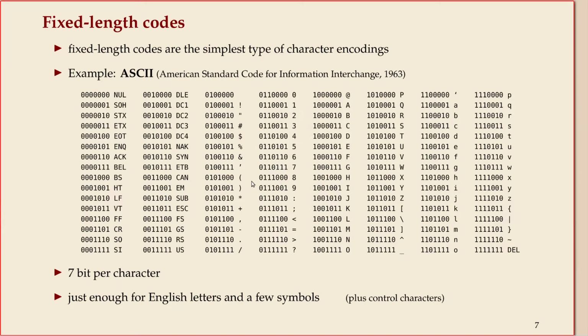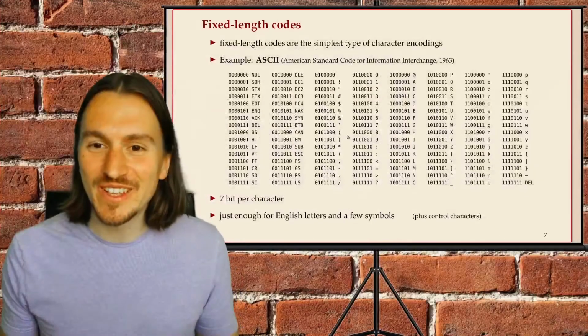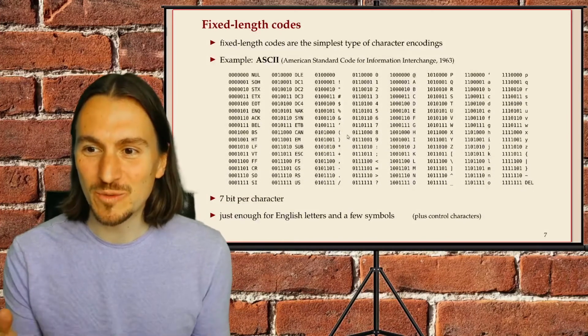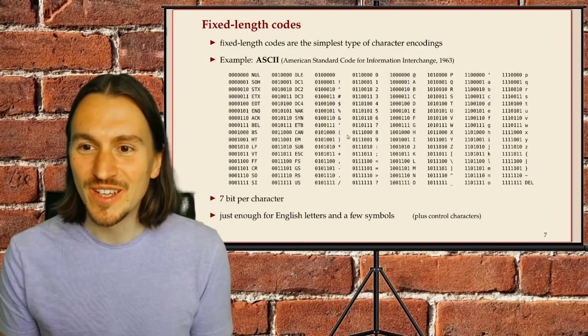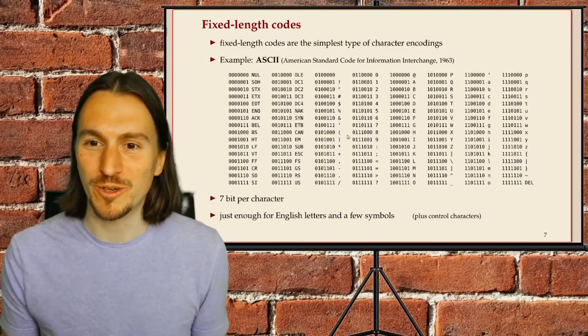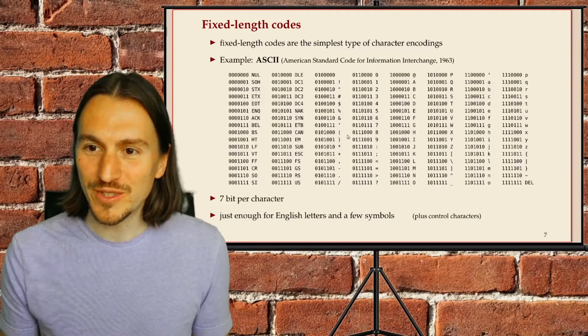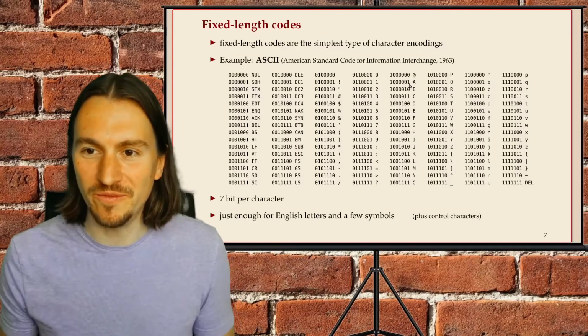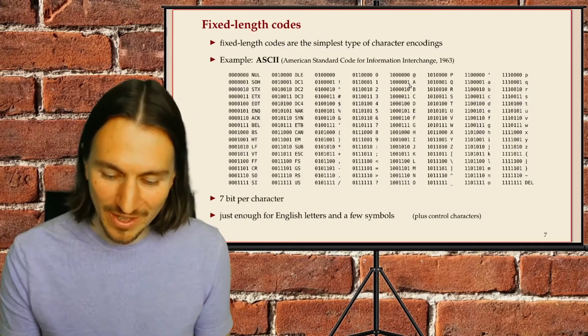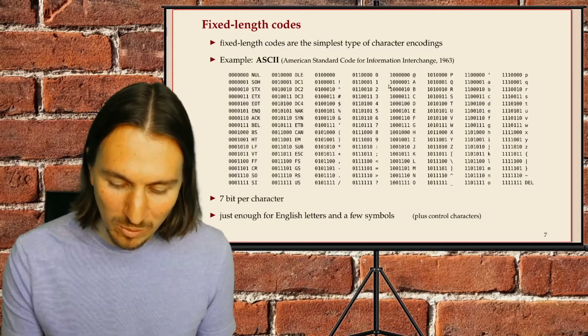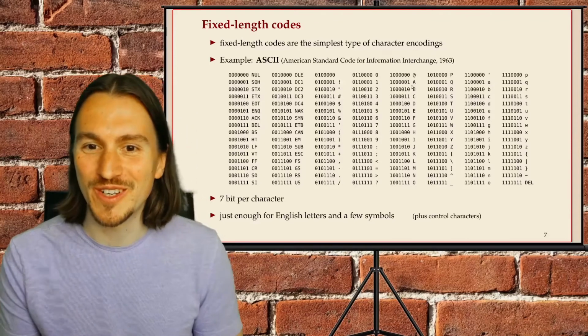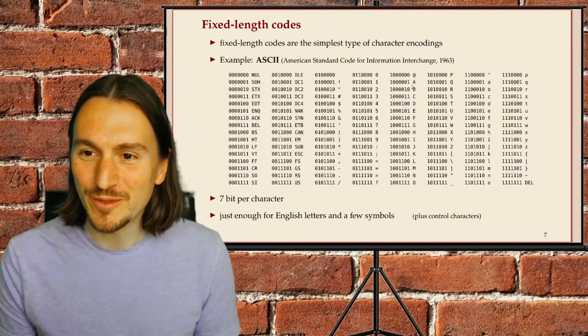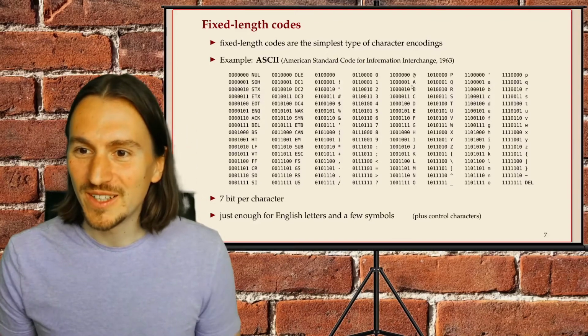And so what ASCII does is simply map these 128 characters to a 7-bit code word each. So for example, the capital A is mapped to the number 65 in binary, represented by 1, then lots of zeros and another 1 at the end, 5 zeros in the middle.